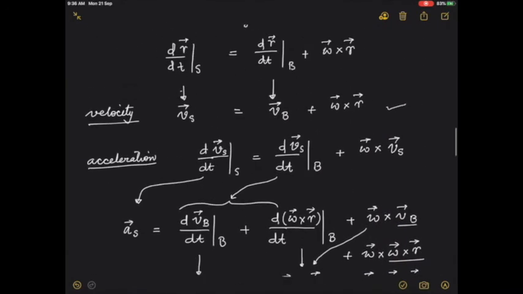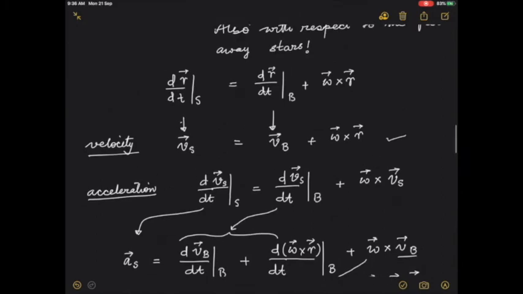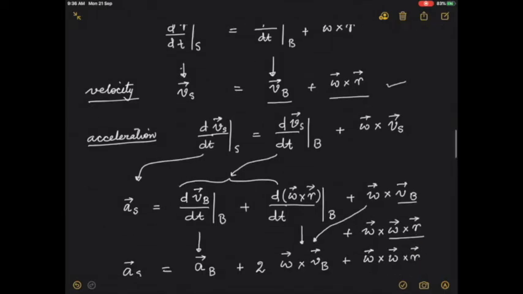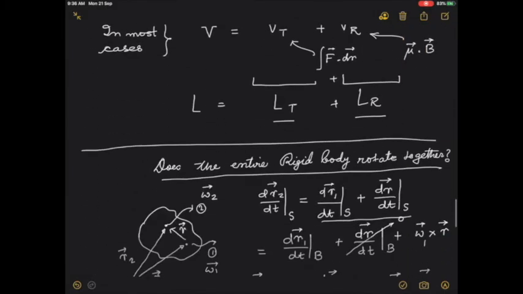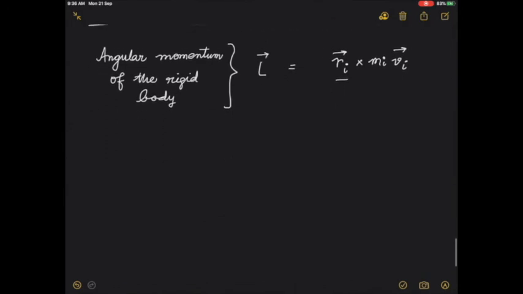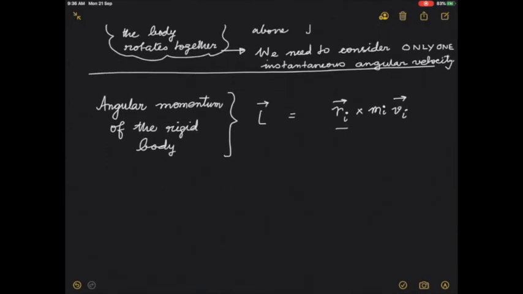So we can imagine for the time being that there is no translational motion. We are only considering the rotational motion. And let's see what is the velocity for the rotational motion only. It is omega cross r. So if there is no translation, then v is just omega cross r. So I can replace v_i, which is the velocity of the ith particle, as omega cross r.